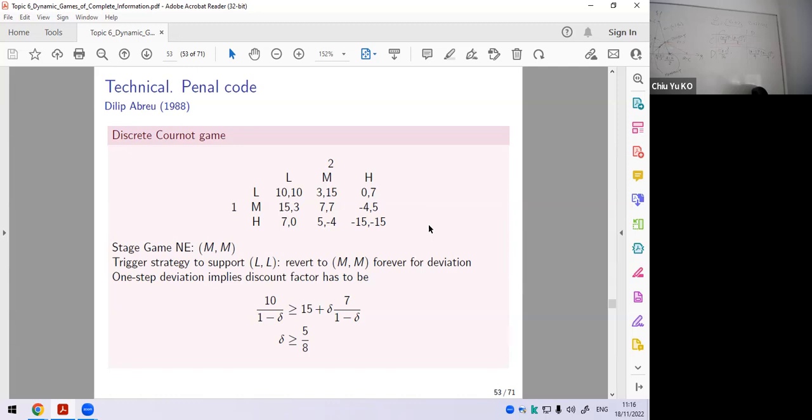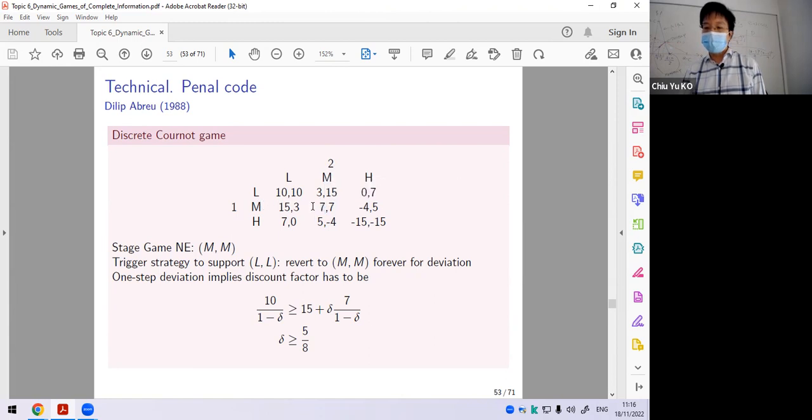Okay, and you can check in this game only M is the Nash equilibrium. You can check because M is here. If player 2 chooses M, player 1 chooses M because 7 is better than 3 and 5.